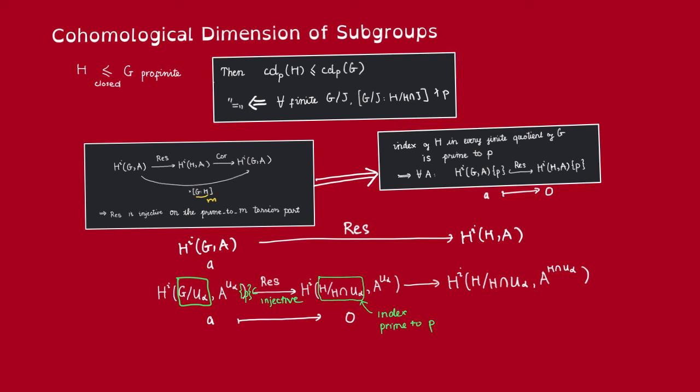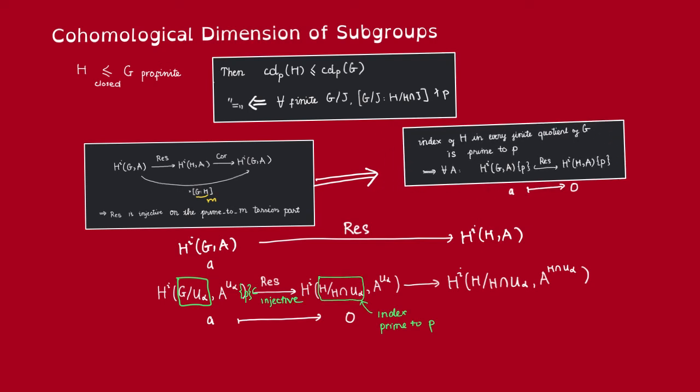Thus we get that if the index of H in every finite quotient of G is prime to p, then the restriction map is going to be injective on p-primary torsion. This means that the cohomological dimension of H is greater than or equal to that of G, and so that means that the cohomological dimension of H must be equal to that of G.